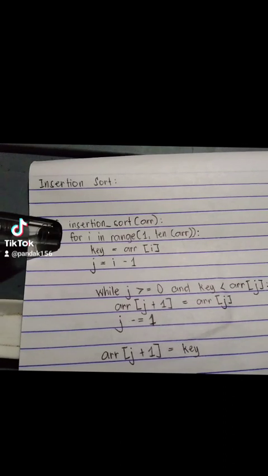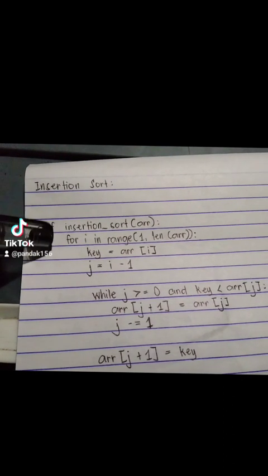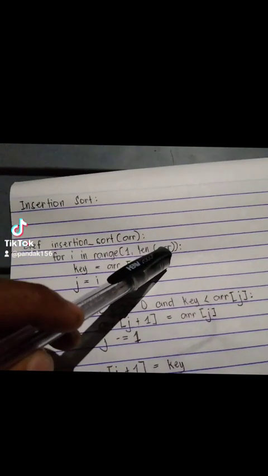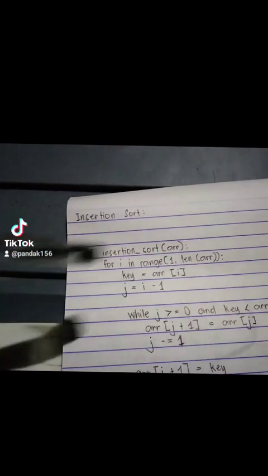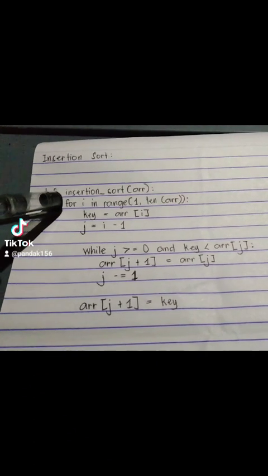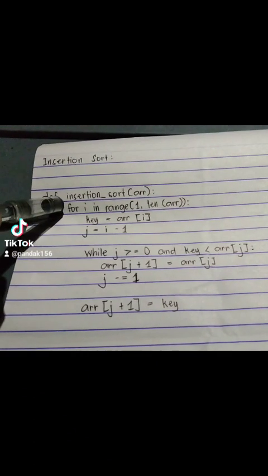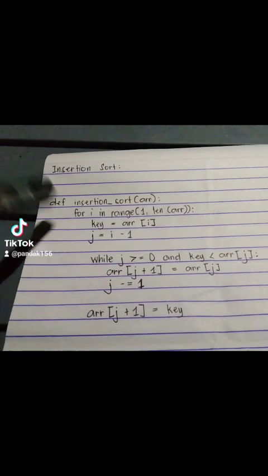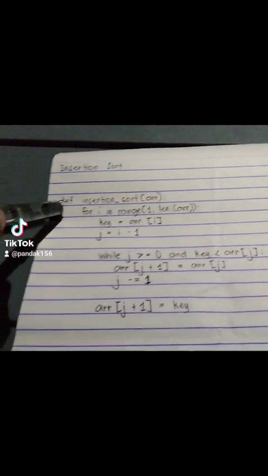In this line, initiates a loop that iterates over the elements of the array, starting from the second element, since insertion sort assumes the first element is already sorted.